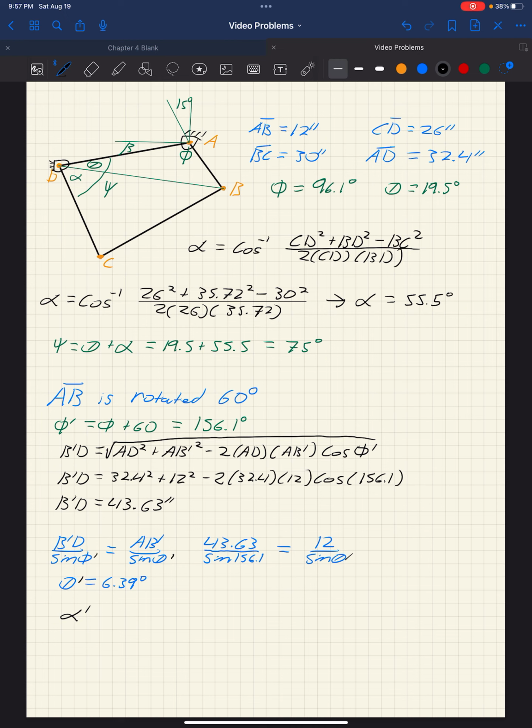So alpha prime is equal to the cosine inverse of C prime D squared plus B prime D squared minus BC prime squared over 2 C prime D times B prime D. And this gives us alpha prime equal to 42.28 degrees.